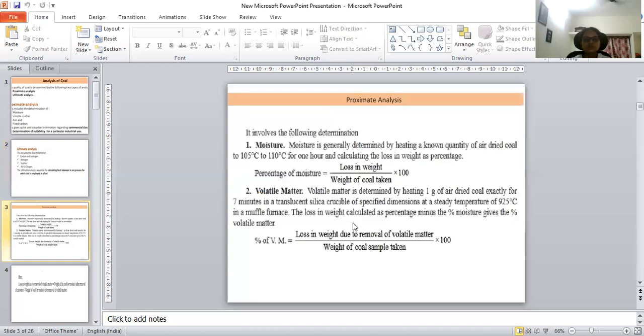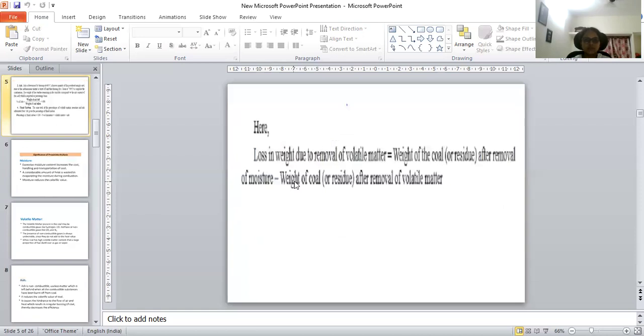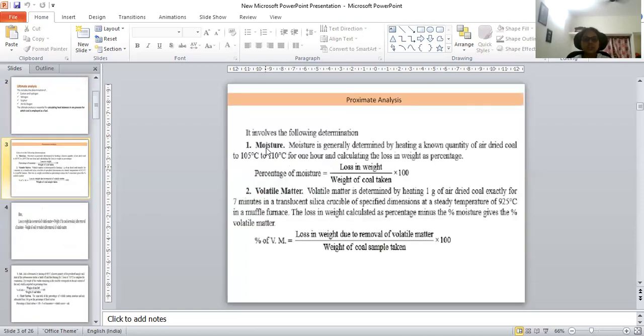Now we will go through proximate analysis one by one. It involves the determination of moisture, volatile matter, ash content, and fixed carbon. Now we see moisture content.